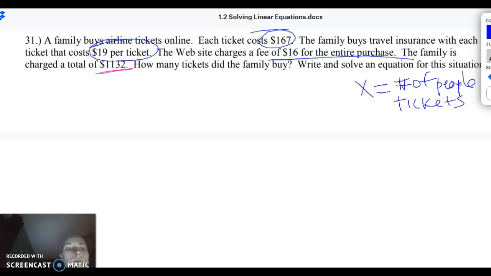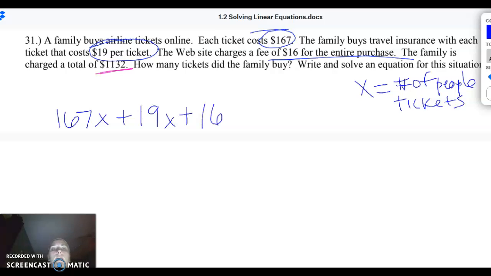So $167 per person plus $19 per person for travel insurance plus the $16 fee overall because we are buying these online is equal to our $1,132 total cost for these airline tickets for vacation.